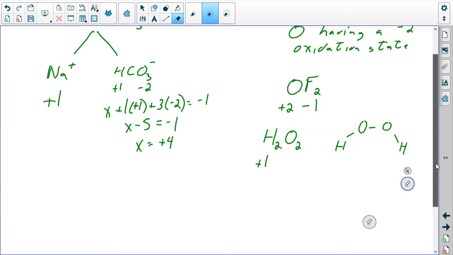If we assign an oxygen negative 2, it's not going to add up to 0. What we have with the structure of H2O2 is the oxygen is pulling 1 off the hydrogen, but then it's trying to pull 1 off this other oxygen, and it doesn't happen. So in this case, it's an exception. The oxygen would have a -1 charge because you have each oxygen getting an electron from the hydrogen, but not from each other. So those are the 2 exceptions that show up regularly.